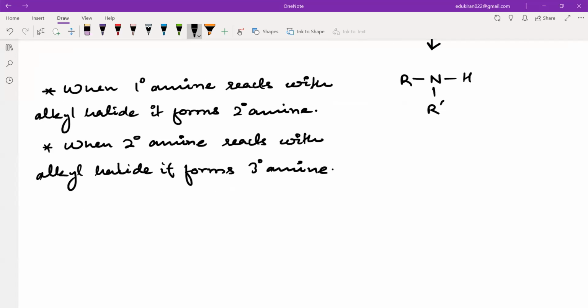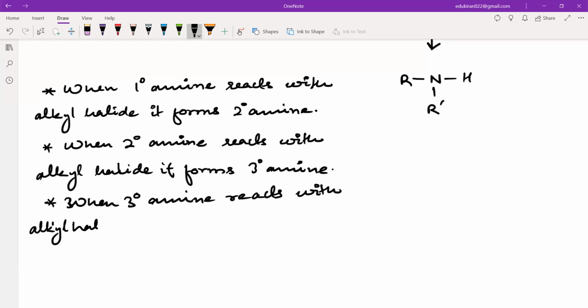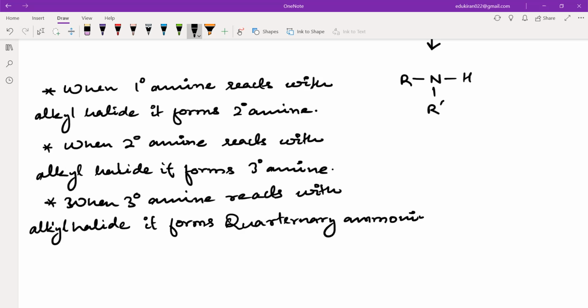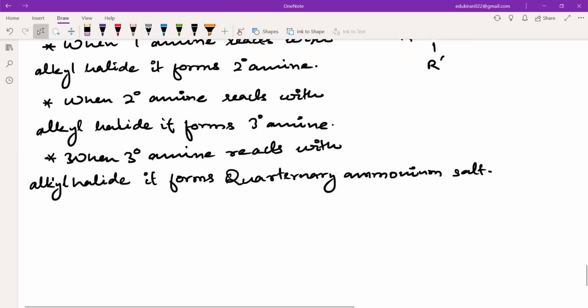And what happens if we have 3 degree amine? When 3 degree amine reacts with alkyl halide, it forms quaternary ammonium salt. We have seen this earlier also, right?